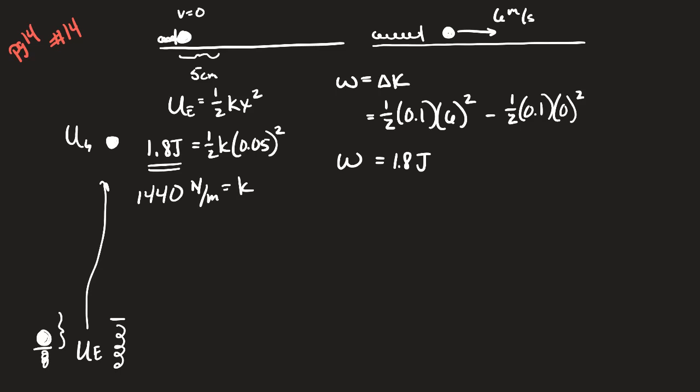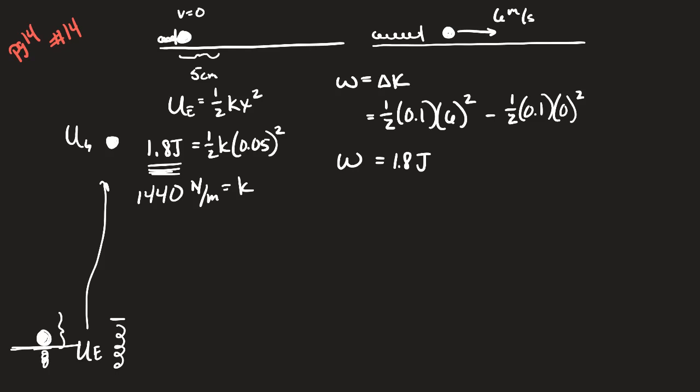Well, if the energy is conserved, then there was still 1.8 joules of energy in the spring. If we assume this is the lowest part of the ball's motion, then it will rise to a height where the gravitational potential energy is 1.8 joules.